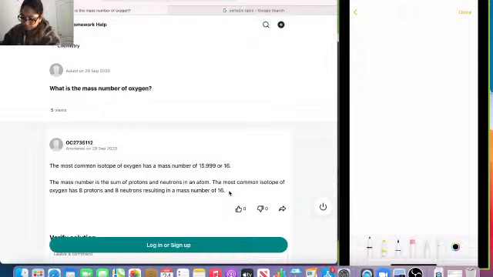Okay, so the second question says, what is the mass number of oxygen? So mass number, they're talking about molar mass.